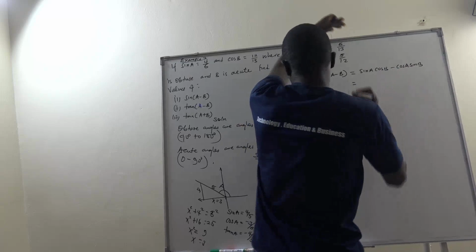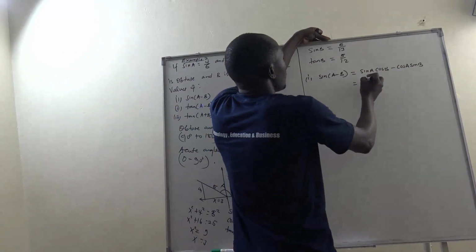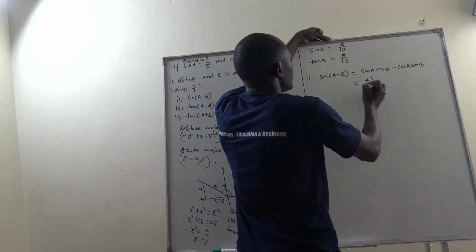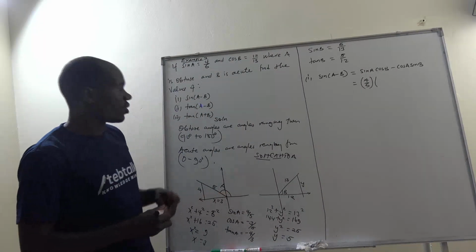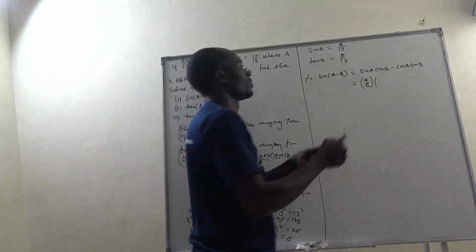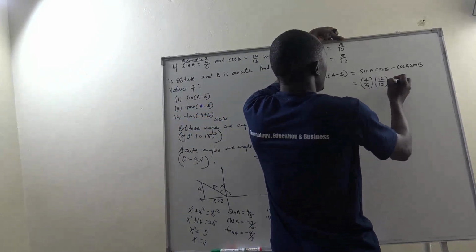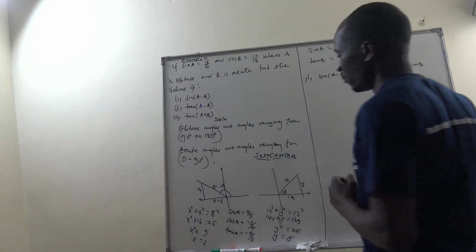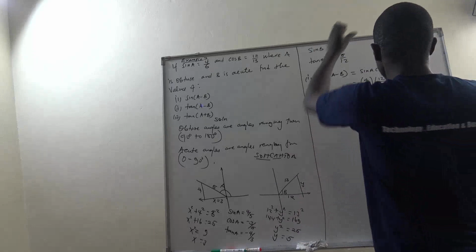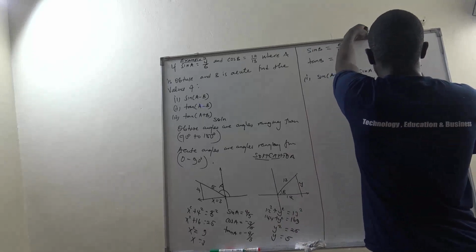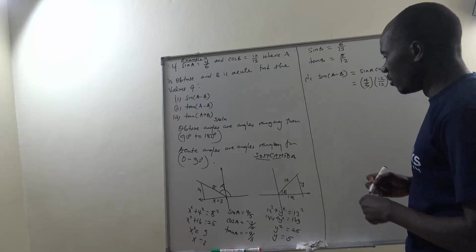So do we know sine of A? Sine of A is given as 4 out of 5, times, do we know cos of B? Cos of B is already 12 out of 13, minus, do we know cos of A? Cos of A is given as negative 3 out of 5, times, do we know sine of B?